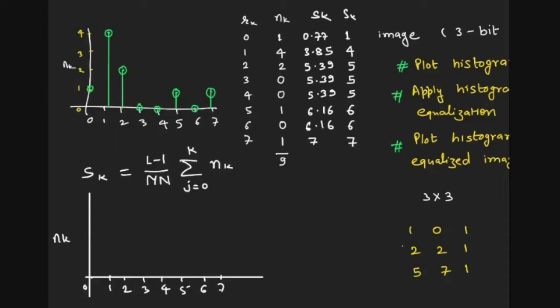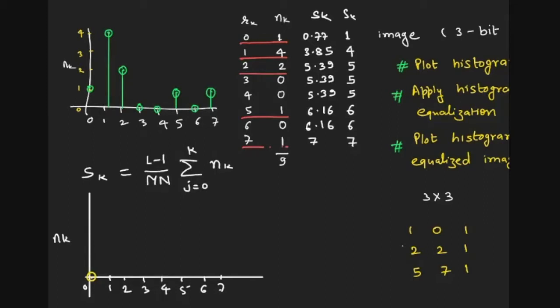So now do we have any 0 in SK? No. So for the first one, the point will go to 0. Is that clear? My RK 1 has now been mapped to 4. Whatever was not present, we will remove.